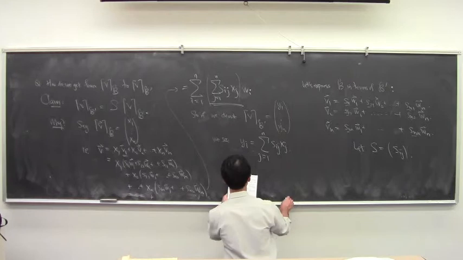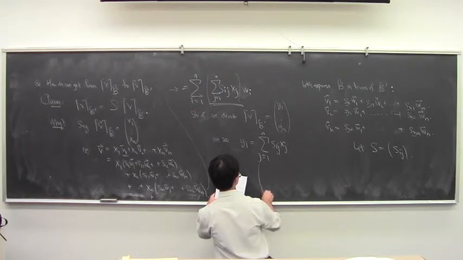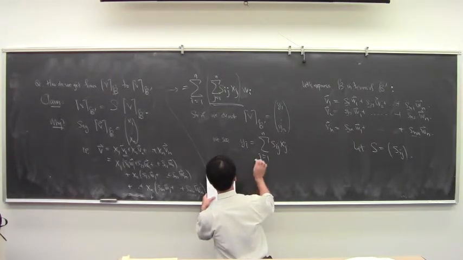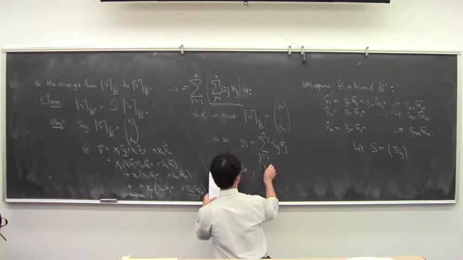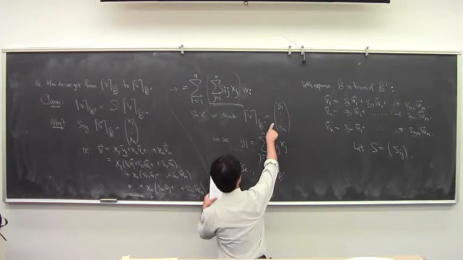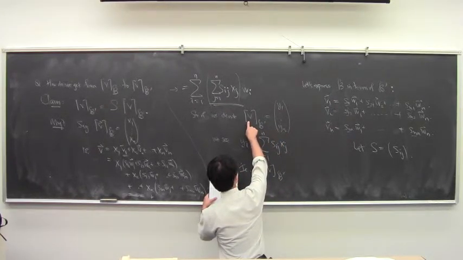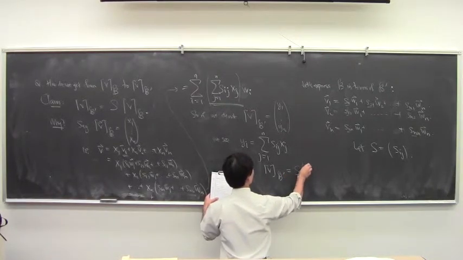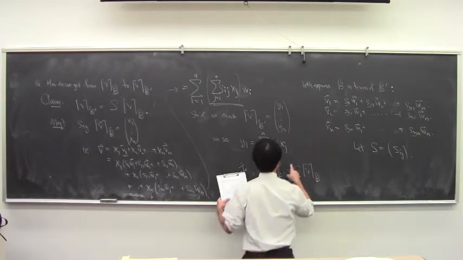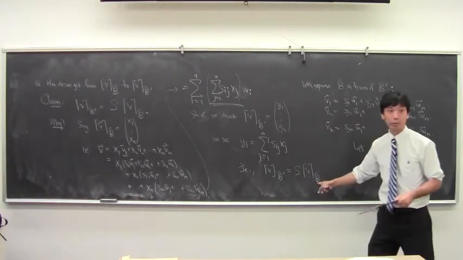In other words, the vector you get by expressing the vector with respect to the B prime basis is just S times the vector expressed with respect to the B basis.